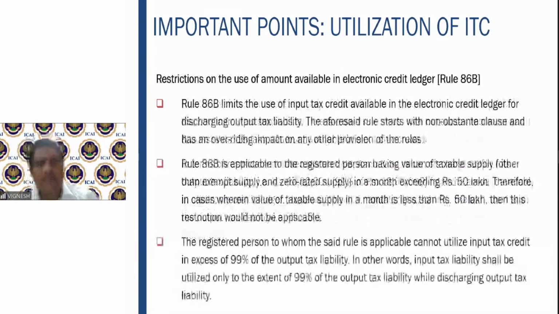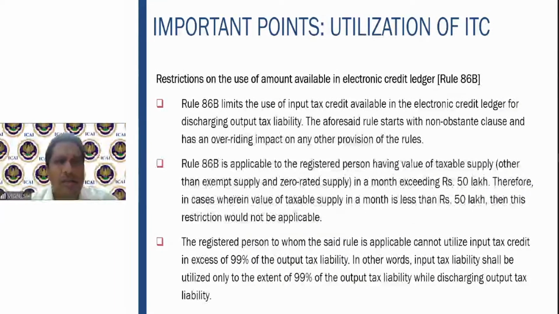Okay. This restriction is important. Other restrictions are not very important from the examination point of view. This particular restriction, 86B, is a bit important here for our examination. This is the first time the government has slightly gone against the provisions of the GST law, because the GST law is very clear that if you have the ITC, you can claim it.